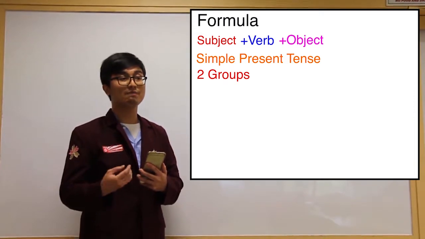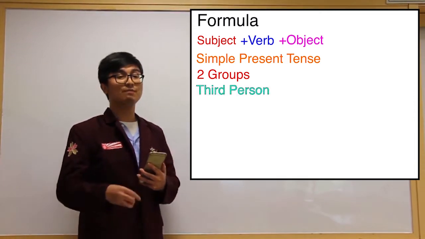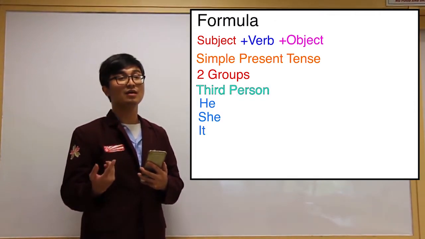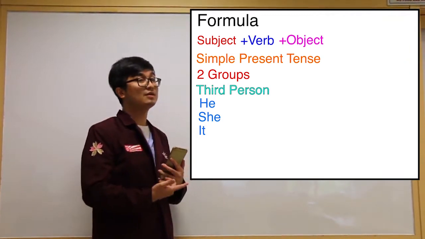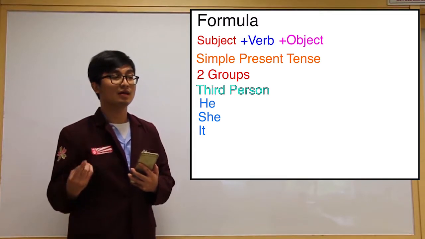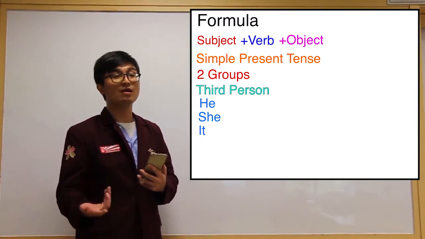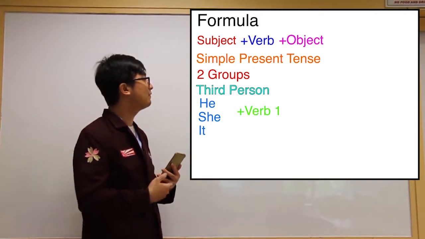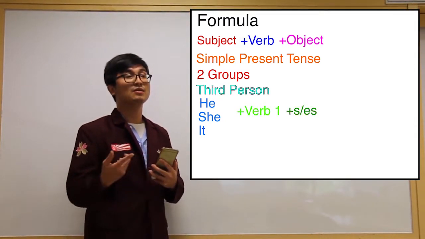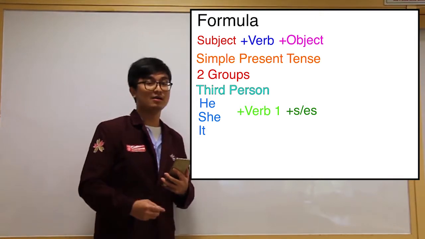The first group is he, she, it. If the subject of the sentence is he, she, it, or others that represent those three, the formula for the simple present tense will be verb 1 plus s or es at the back.